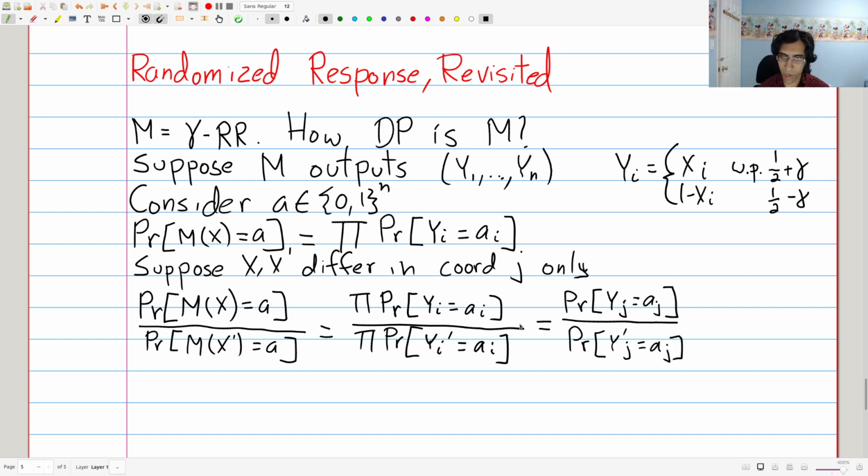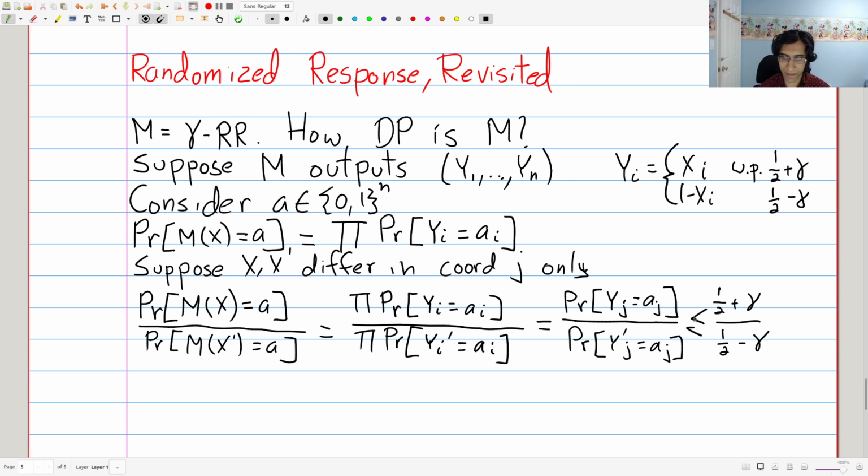Now, recall that we're trying to prove an upper bound on the ratio of any two probabilities. So we're just going to see how big this can be. And the biggest it can be is if the bigger value is in the numerator and the smaller value is in the denominator. So this will be 1/2 plus gamma divided by 1/2 minus gamma.